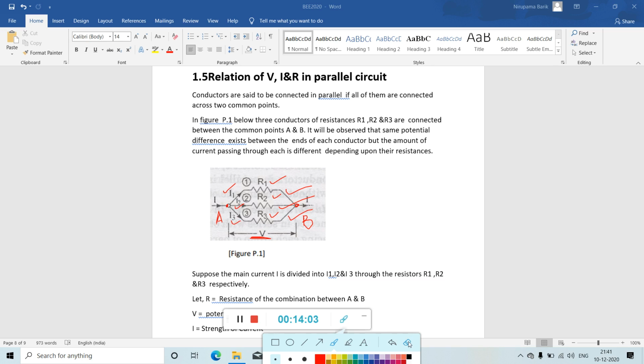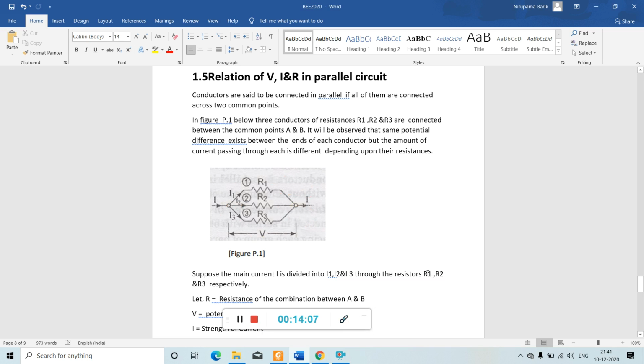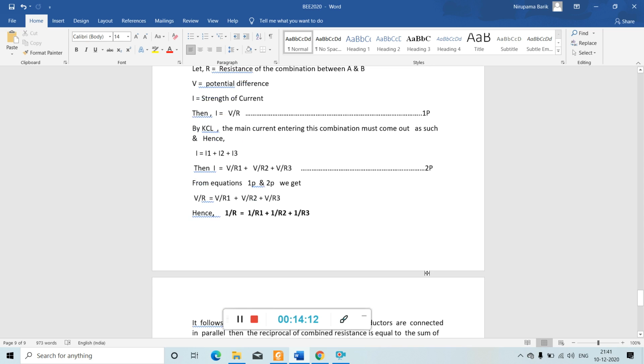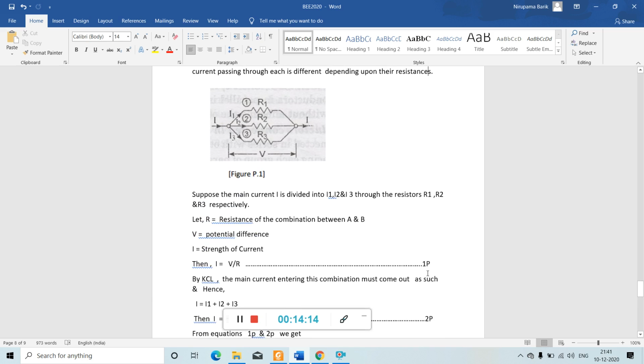See, suppose the main current is divided into I1, I2, I3. In this circuit, suppose the main current is I. So the main current is divided into I1, I2, I3 through the resistances R1, R2, R3 respectively.